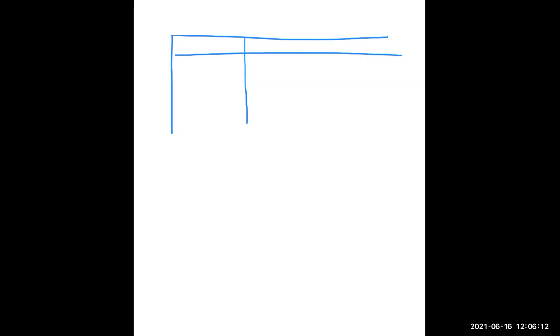Okay, so now you have the table. I'm going to redraw the table here. So the values between 75 to 124, 125 to 174.